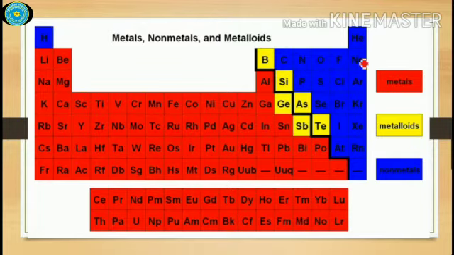Hydrogen and all the other elements which is in the blue color are called non-metals, and the elements which are in the red color are called metals, and the elements which is in the yellow color is called metalloids. Now we are going to see their individual properties and their uses.